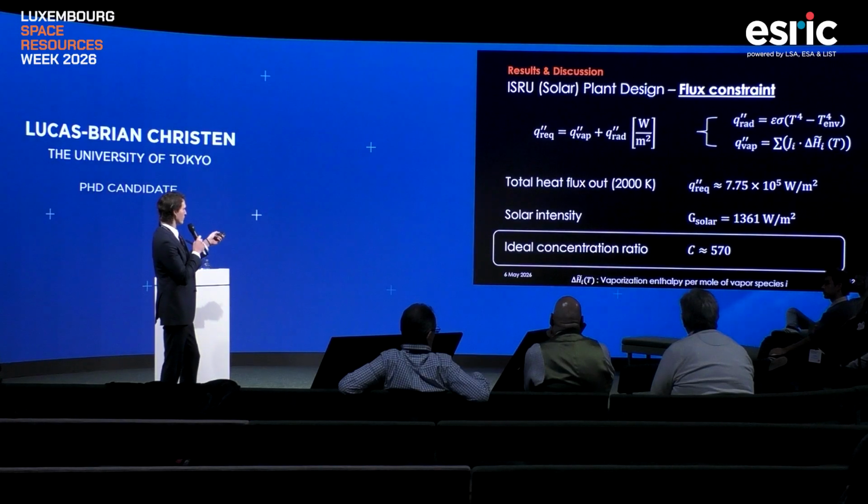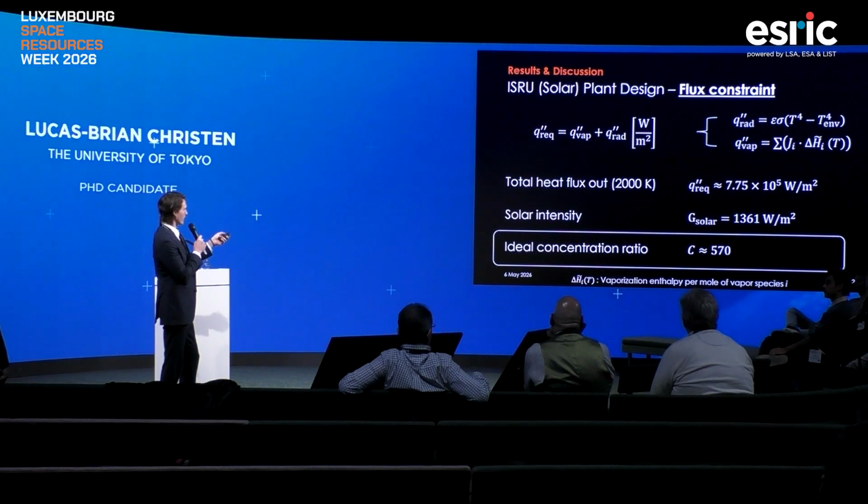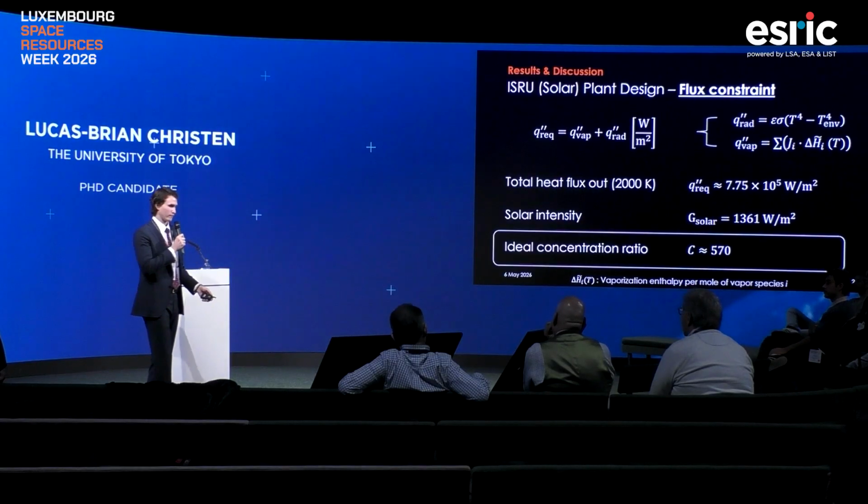The total heat flux going out from that equation we can calculate. And if we were to use solar light, then we know that we have to at least scale that solar light, concentrated down to 570 times onto a spot.